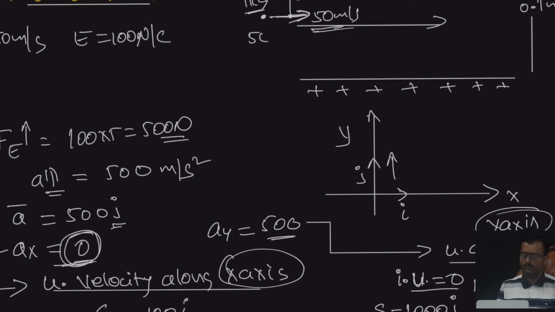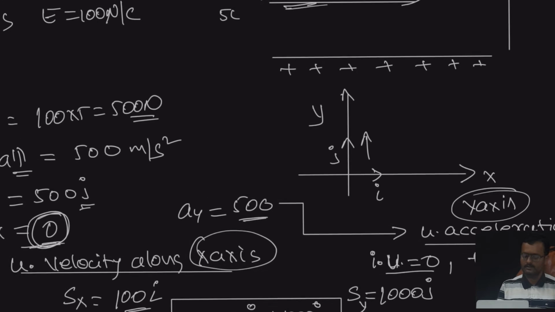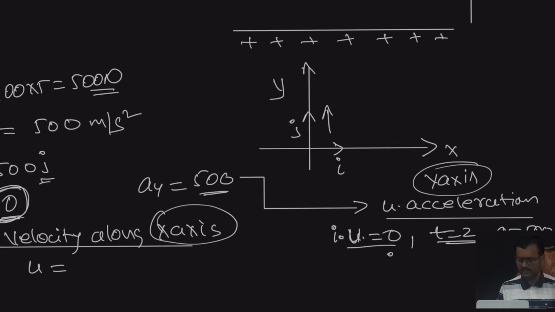Next, what is the velocity after 2 seconds? So velocity along the x-axis is 50, no change. Initial velocity is 0, and a is equal to 500. So I want to calculate the final velocity after 2 seconds. What is the suitable formula? That is v is equal to u plus at. u is 0, a is 500 and time is 2 seconds.